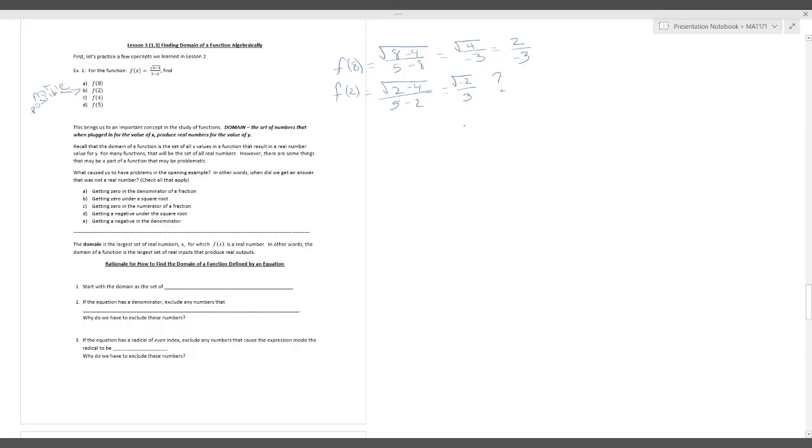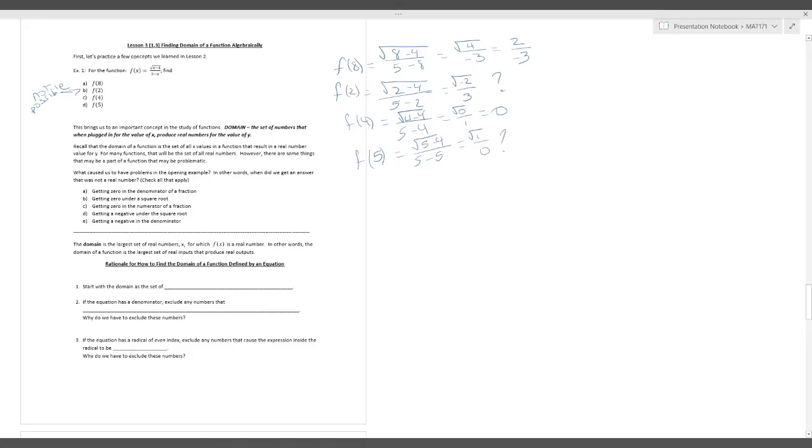Okay, so f of 4, well, that would be the square root of 4 minus 4 over 5 minus 4, which is the square root of 0 over 1, which is just 0. Well, that works. What about f of 5? Well, that would be the square root of 5 minus 4 over 5 minus 5, which would be the square root of 1 over 0.